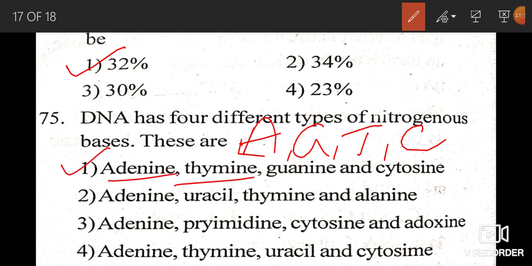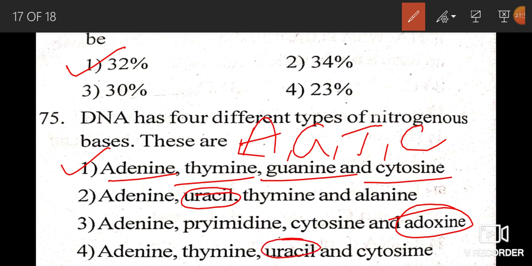Uracil is present only in RNA, so option 2 is not correct. In the third option, there is no nitrogen base with the name of adaxine. In the fourth option, uracil is also present, and uracil is present only in RNA. So these are not the correct answers. Only the first one is right.